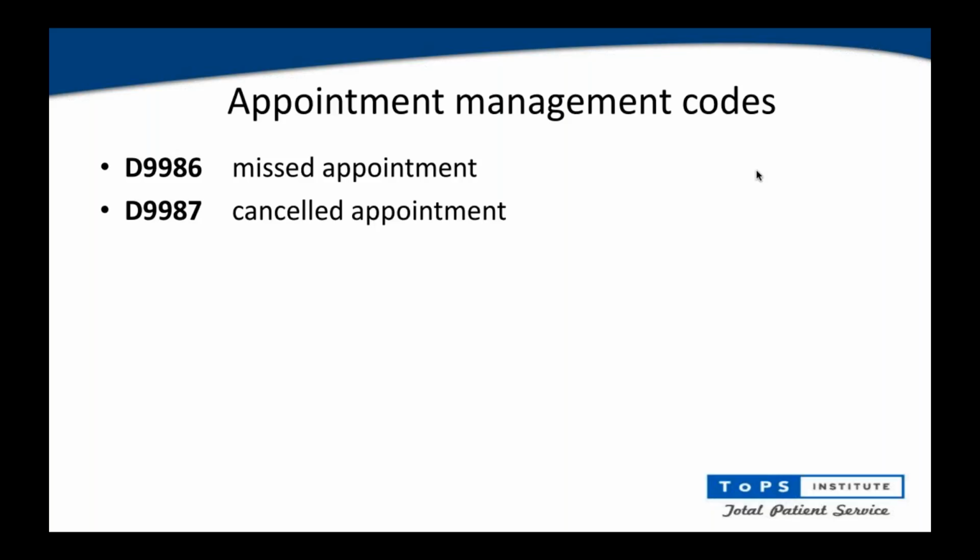And then the last but not least codes that we really wanted to talk about are our cancellations and missed appointment codes. You know, the more often we can document our patients' activity in our practice, the better we can help them moving forward. And so a year ago, the management codes were suggested for the 9986, which is a missed appointment code, and the 9987 for a canceled appointment.